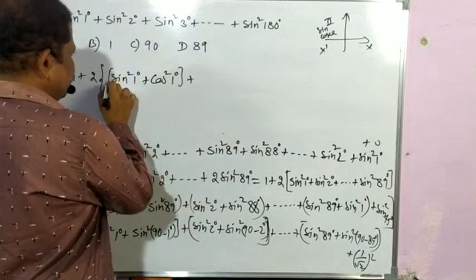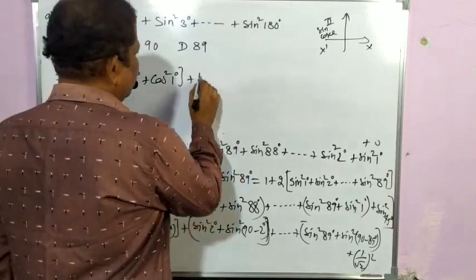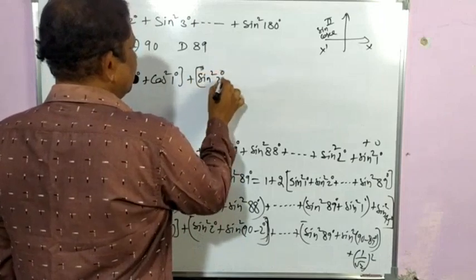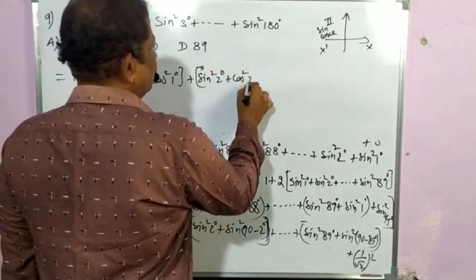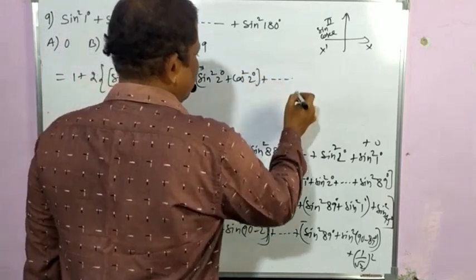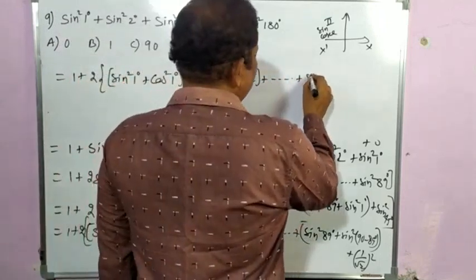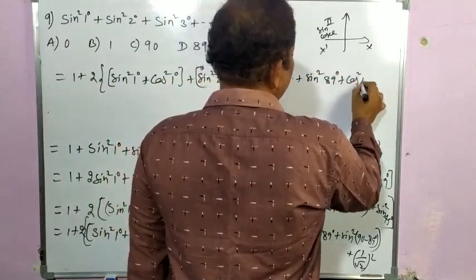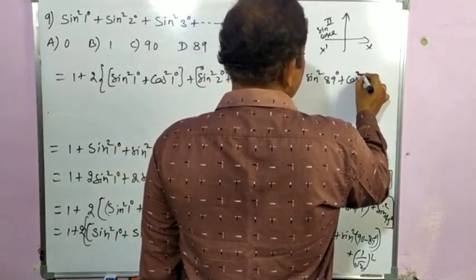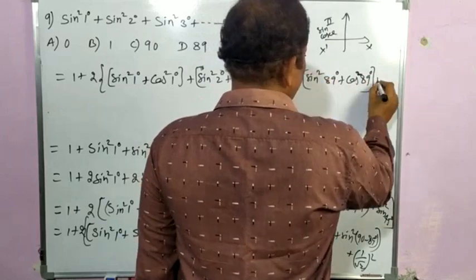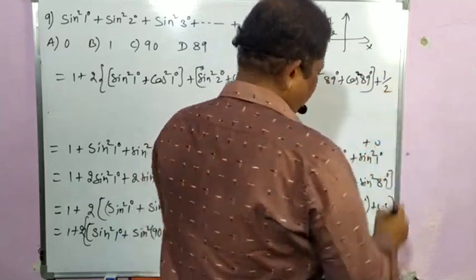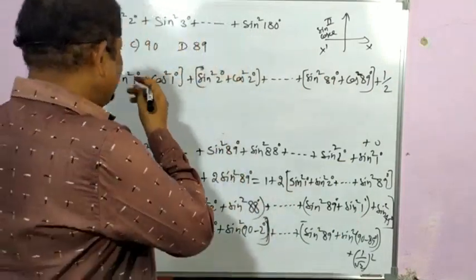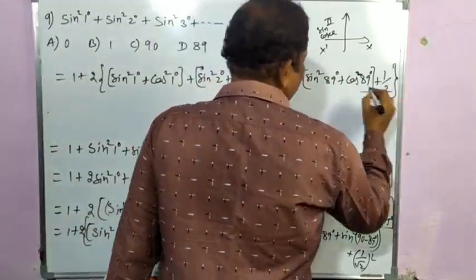Next one also, sine square 2 degree plus cos square 2 degree, and so on. Finally, sine square 89 degrees plus cos square 89 degrees, plus half. Root 2 square gets cancelled, 1 by 2 will come. Total is under bracket.